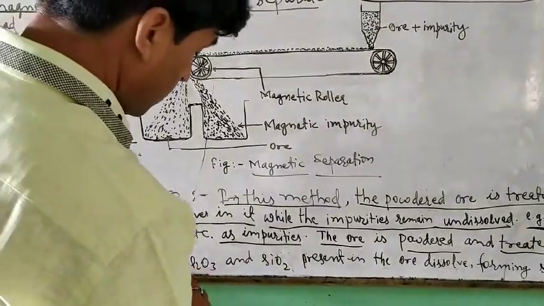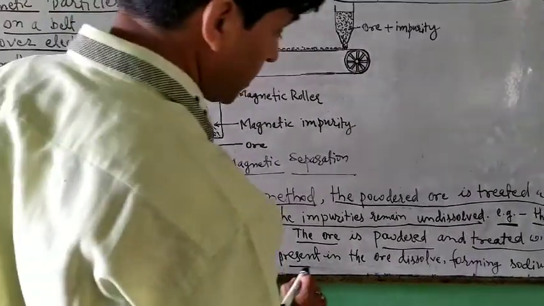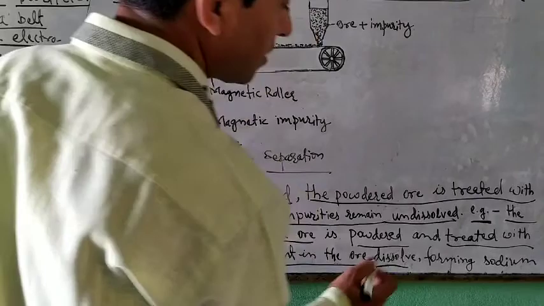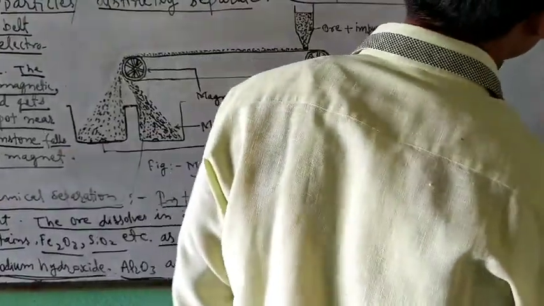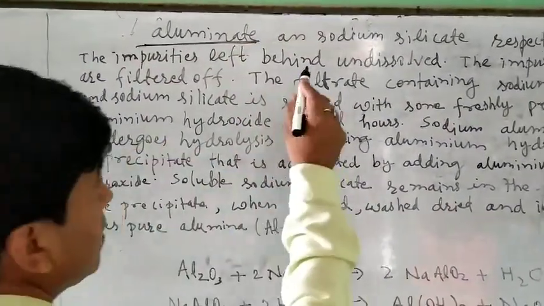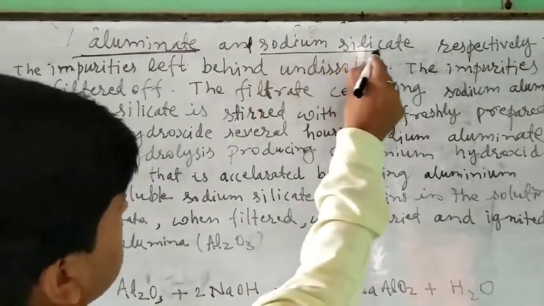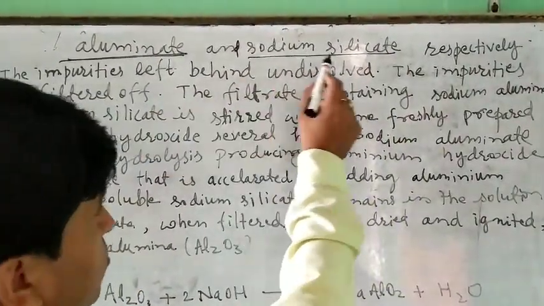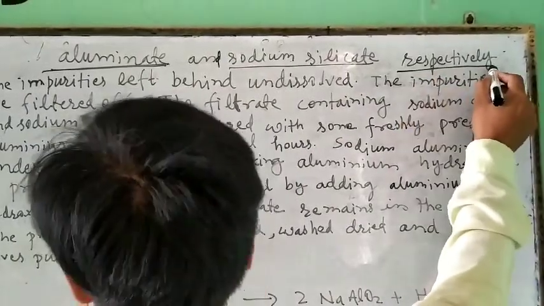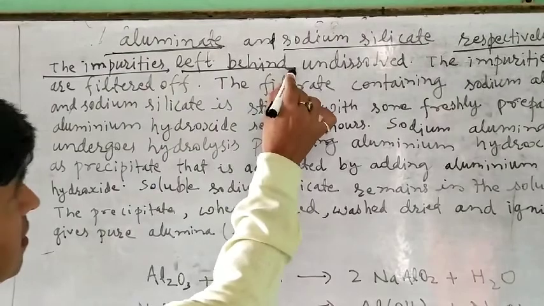Now alumina and silicon dioxide present in the ore dissolve, forming sodium aluminate and sodium silicate respectively. The impurities are left behind undissolved.